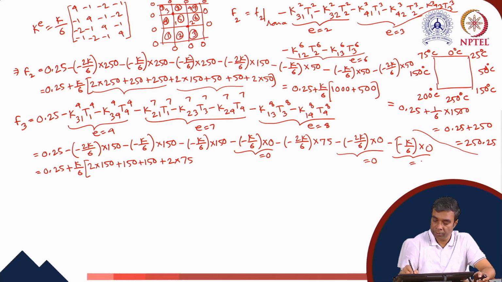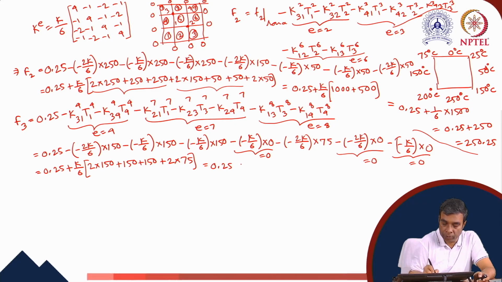This is also 0. So we are left with 2 into 150 plus 150 plus 150 plus 2 into 75 means 150. So this gives us, after putting K equals to 1, 0.25 plus 1/6 of 300 plus 300 plus 150.